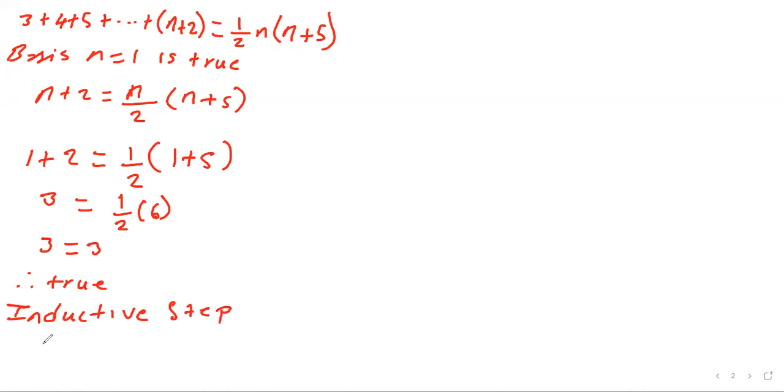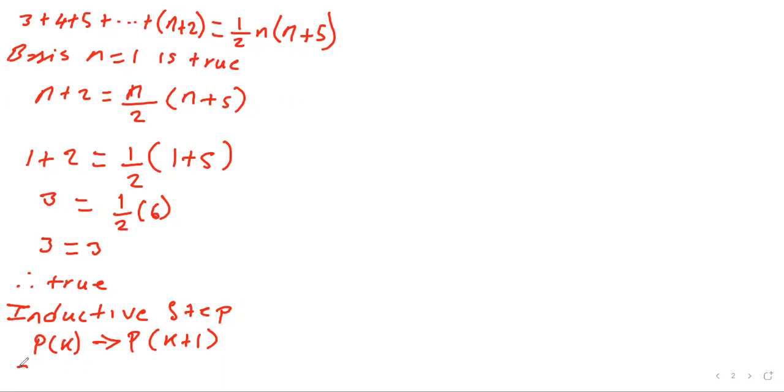For the inductive step, we're going to show that if P of k is true, that implies that P of k + 1 is also true. So first thing, we're going to write the equation in terms of k.